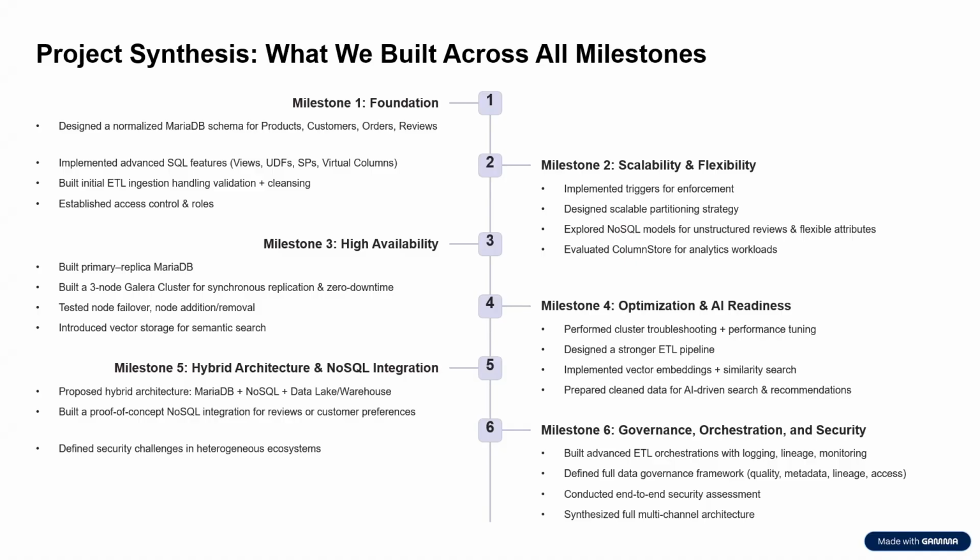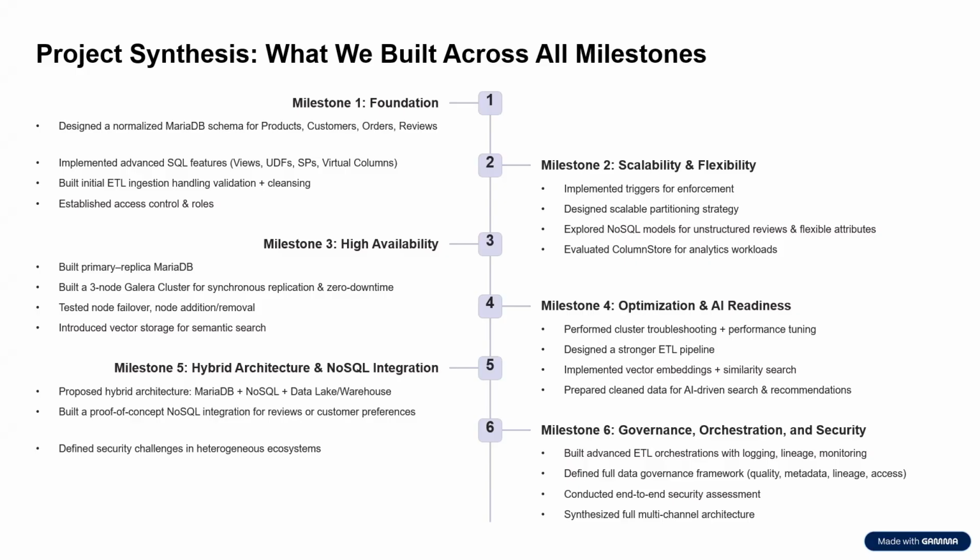Then in milestone 2, we did some scaling. We implemented some advanced SQL like triggers and did partitioning. We explored column store, and then in the third milestone, we built primary, secondary replica, and then we built Galera cluster for high availability.